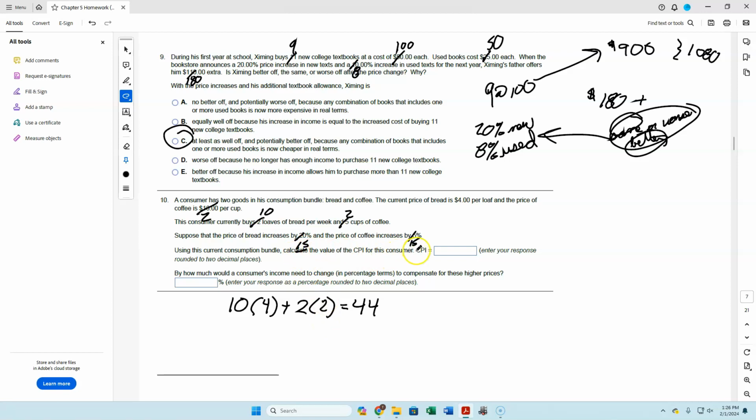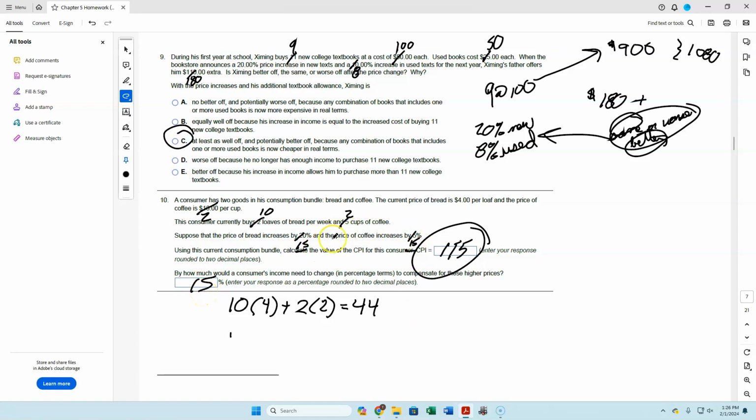And then if both increased by 15%, well, we actually don't even have to calculate anything. You could, right? So you could calculate 10 times the new price plus 2 times the new price, which is 15% higher. But we actually don't even have to calculate anything, because both of them are increasing by 15%, then the total CPI is going to be 115, which is going to represent a 15% higher amount.